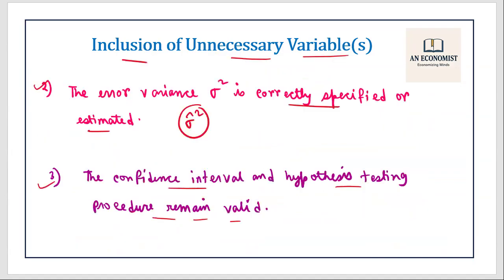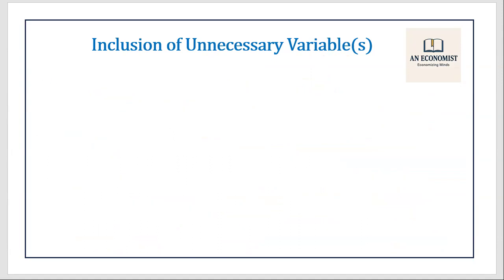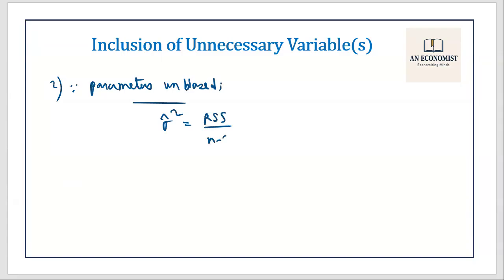Now let us go to the second point. Error variance of sigma cap will be exactly estimated since the parameters are unbiased. Since the parameters are unbiased, what we can write is sigma cap square will be simply equal to RSS by n minus 3.